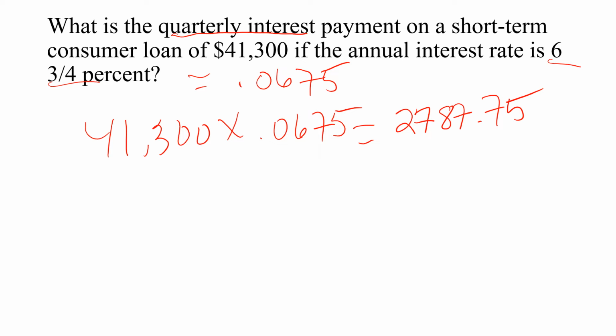We need a quarterly interest payment. There are 4 quarters in a year, so let's just divide that by 4. That gives us a quarterly interest payment of $696.94.